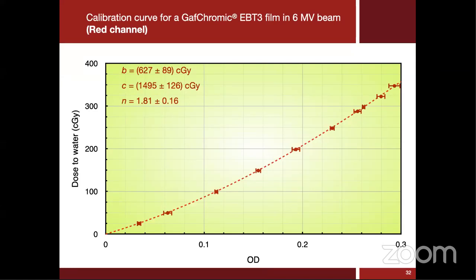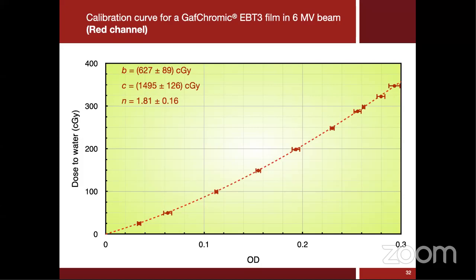So this is the red, and again, this is the calibration curve for EBT3 film, this is 6 MV. At that time, we did the calibration of the films using 6, 15, and 18 MVs.